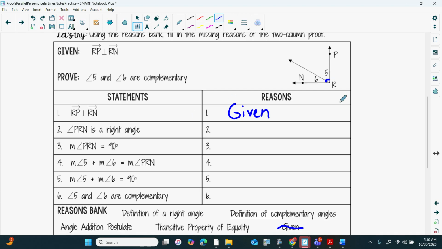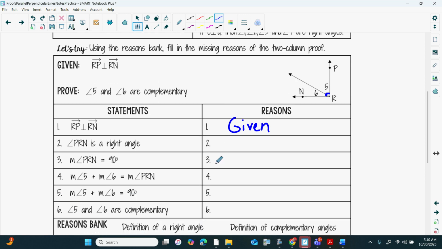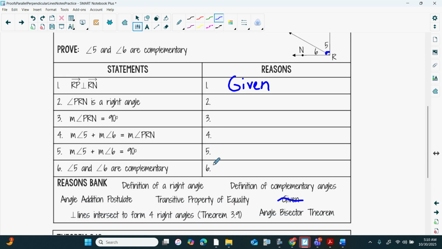Well, if I know they're perpendicular right here, we know this angle PRN is a right angle, and that goes back to what we just talked about up here. Two lines are perpendicular, so we're going to use this theorem, I think it was 3.9. Yeah, there it is. We're going to use this theorem here on line 2.